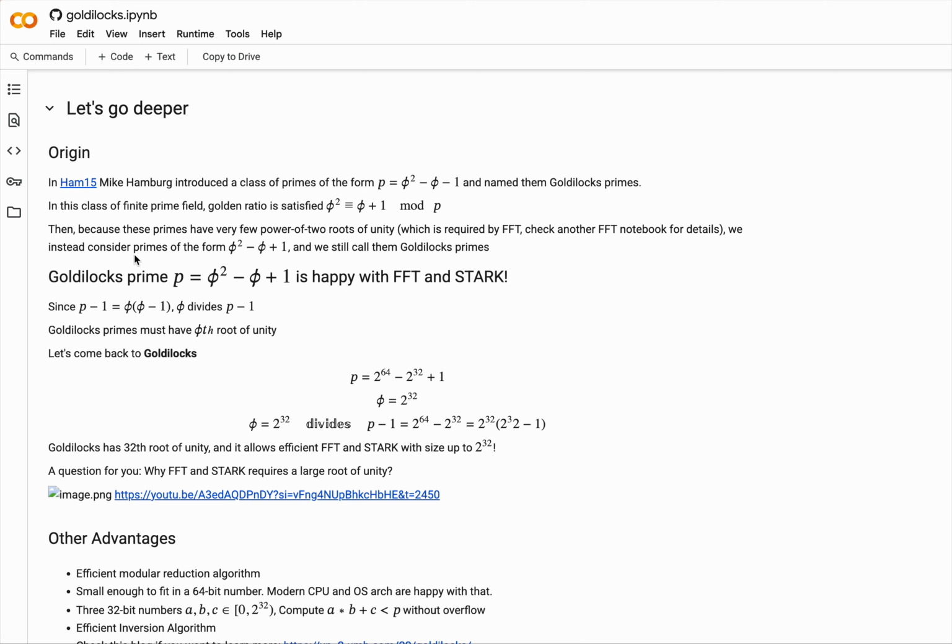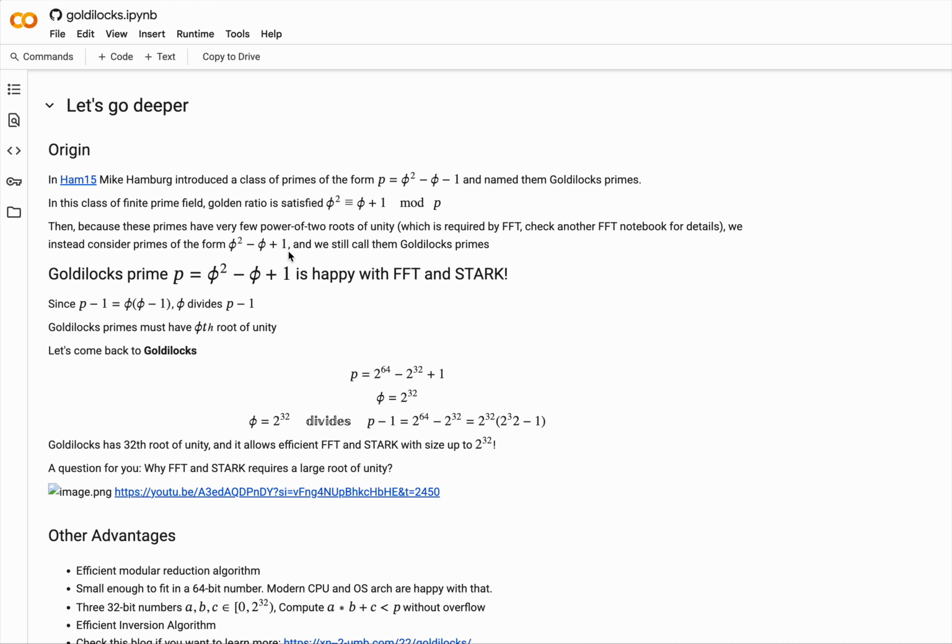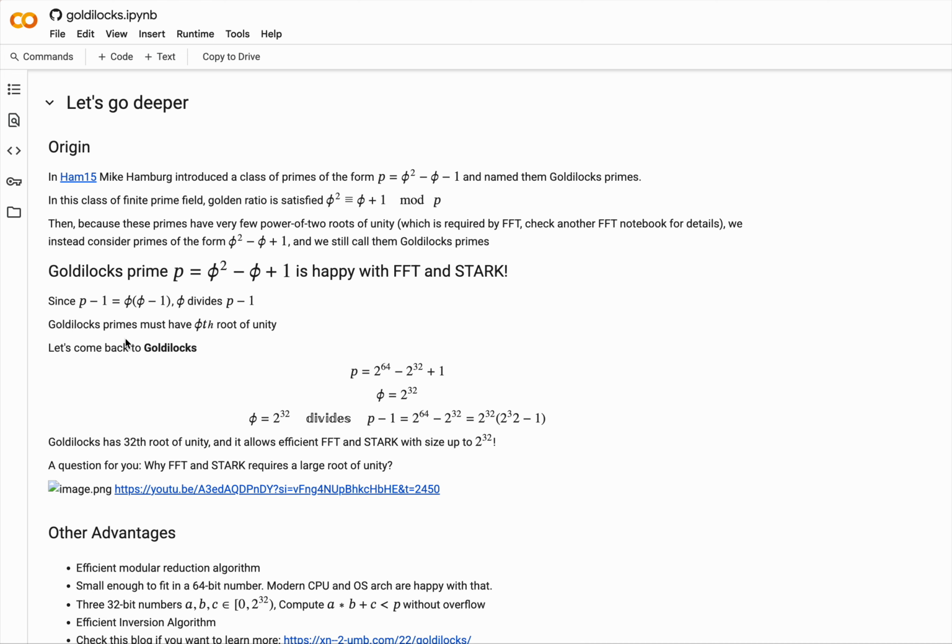We can instead use primes of a modified form, which is phi squared minus phi plus 1. And if you remember, the Goldilocks prime is in this form, 2 to the 64 minus 2 to the 32 plus 1. And it is happy with FFT and STARK. Why?